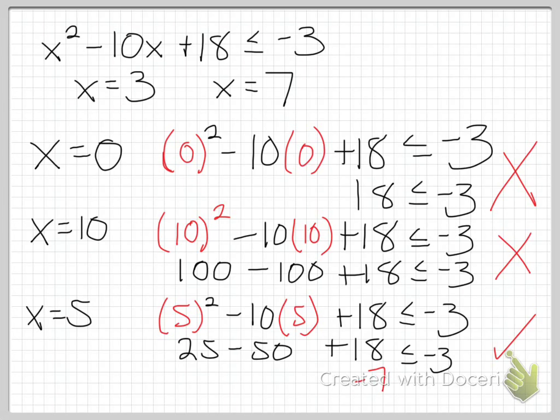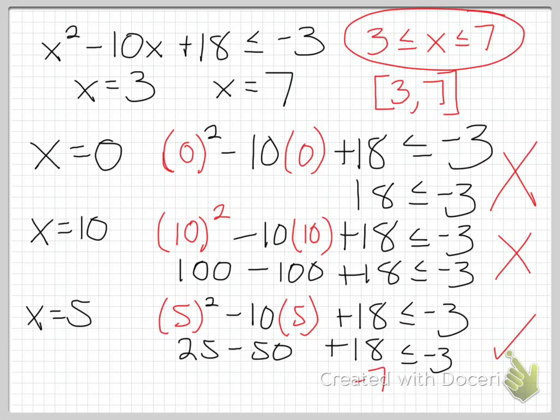So all of the values between 3 and 7 will be the solutions for this inequality. My solution for the inequality would look like 3 is less than or equal to x, which is less than or equal to 7. If I wanted to put that in interval notation, I would have a closed bracket at 3 and a closed bracket at 7 as well.